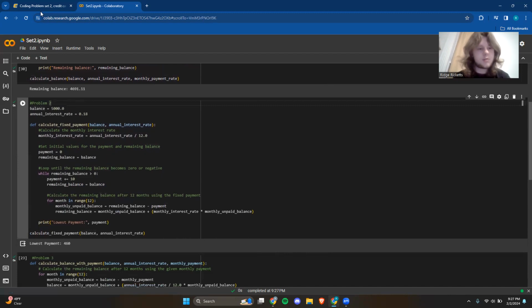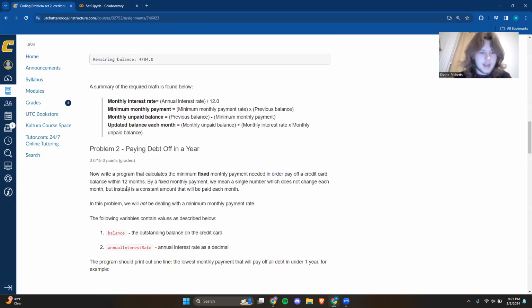And then we have problem 2. In this one, it asked me to write a program that calculates the minimum fixed monthly payment needed in order to pay off a credit card balance within 12 months by a fixed monthly payment.